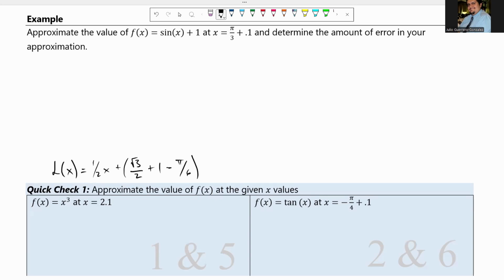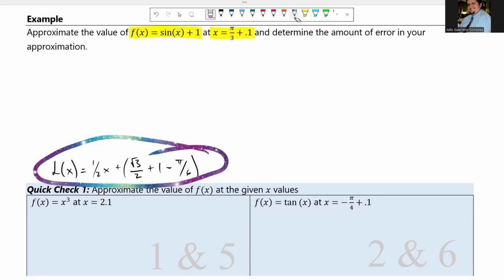Okay. I can provide an approximation to this value right here for this function right here. And I can use my linear approximation equation, my L of x, to do so.